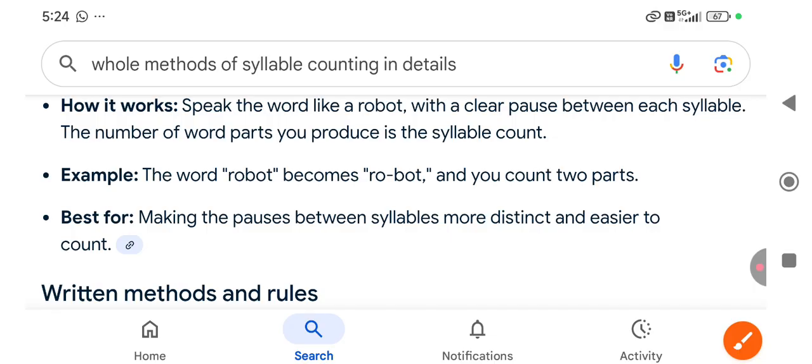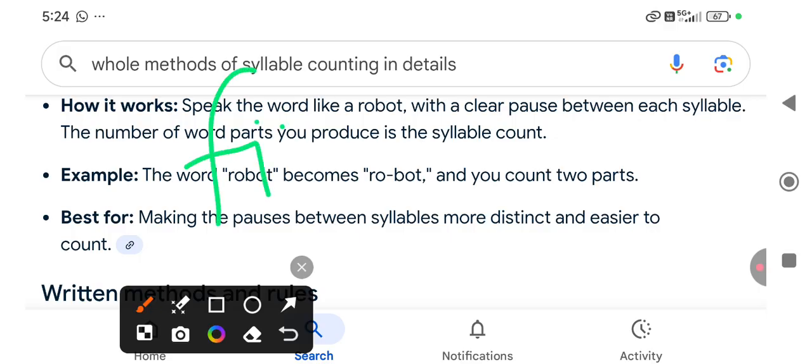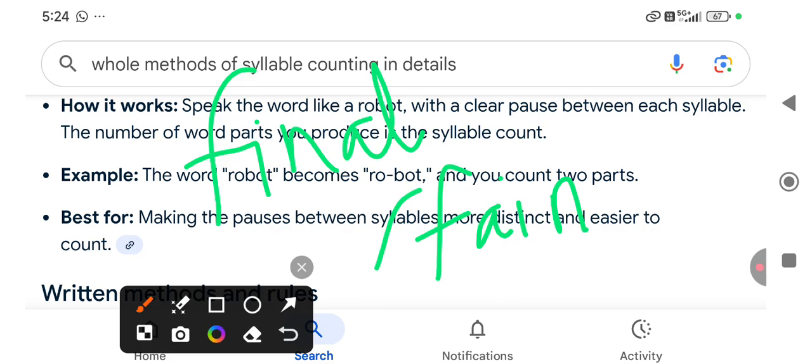Final, final, a two-syllable word, right? Spelling, don't go with spelling, go with the sound. So that's fi, nal, right? Final, final.